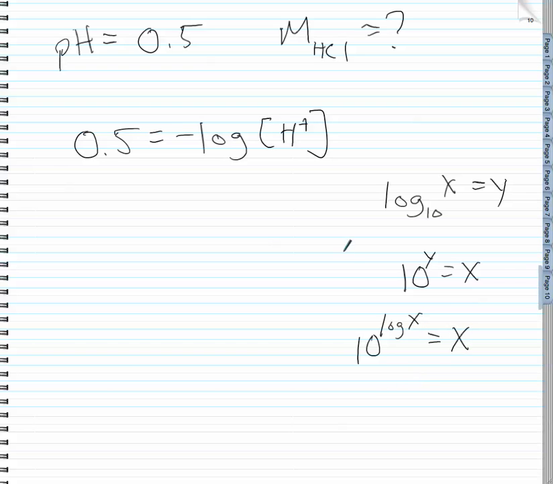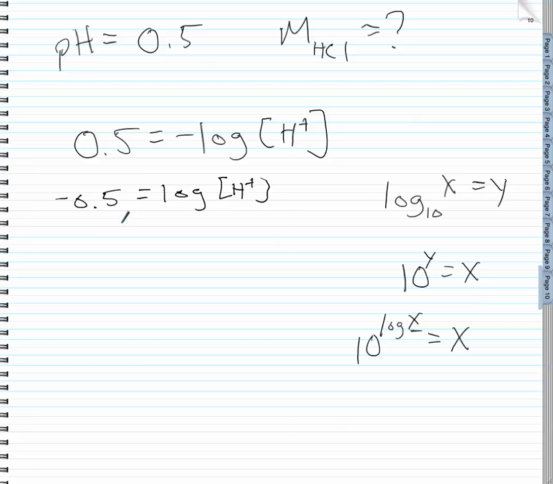Okay, and so that helps. If you raise 10 to the exponent of log of x, it's going to give us this value here. So we can do that here. First we can get rid of the negative, so negative 0.5 is equal to log of H+.